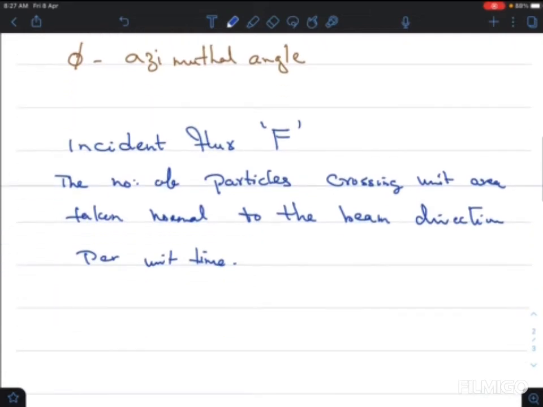So now we start by assuming that delta n is the number of particles scattered into a small solid angle d omega about the direction theta phi, in time dt.